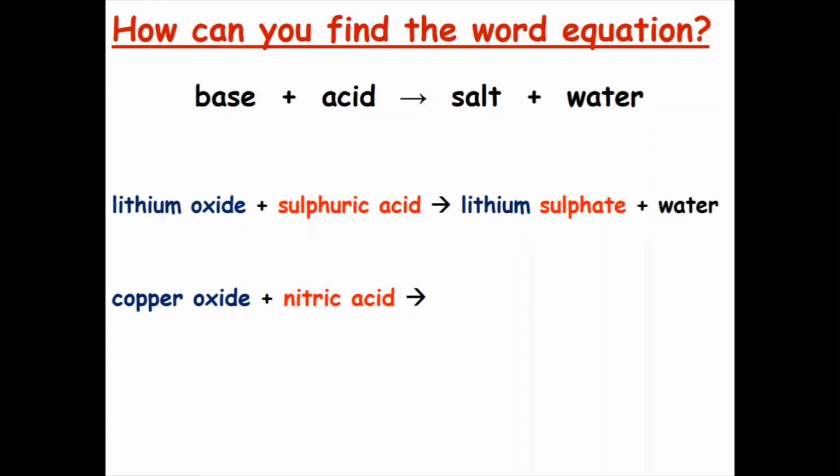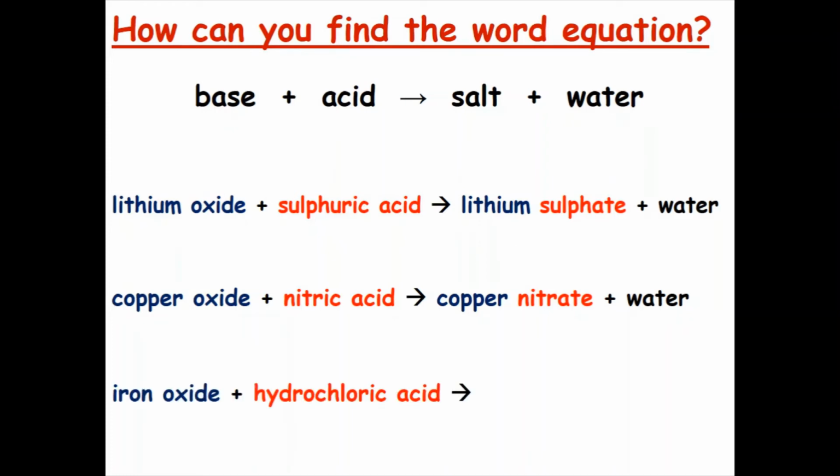Let's look at a second example. In a neutralization where we have copper oxide reacting with nitric acid, the name of the salt in this case is copper nitrate, and again we also have to add the water in the end. Now have a go yourself, grab a piece of paper, write down the start of this word equation.